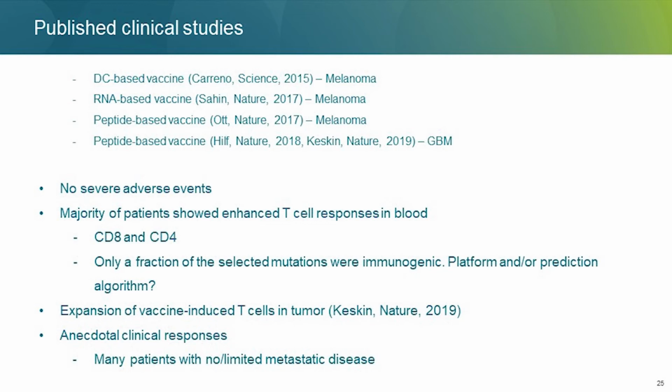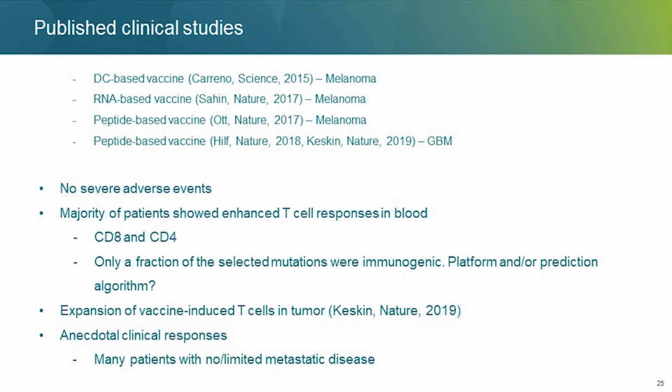What is also important to note, as I said before, is that only a fraction of the selected mutations were immunogenic. And I think the major question here is: is it that the platform is not optimal? Is there some type of immunodominance going on? This is a phenomenon that is very well known in the infection field as well as in the tumor field.